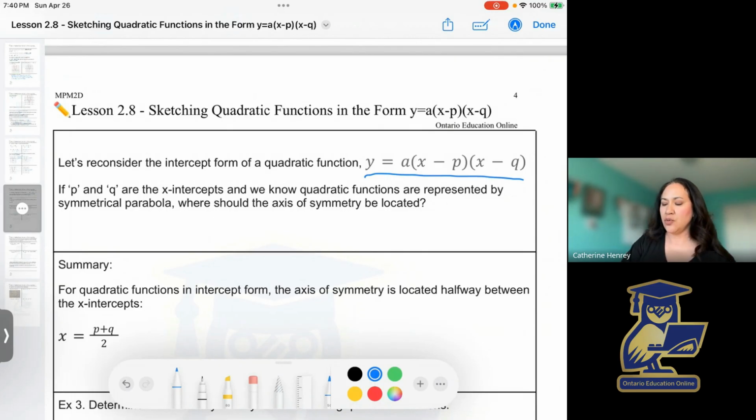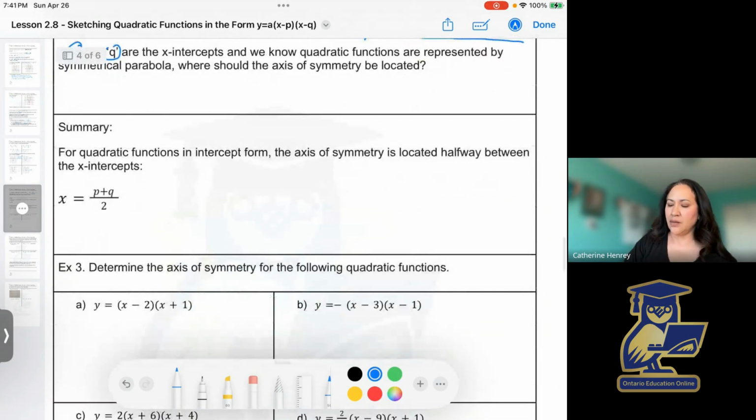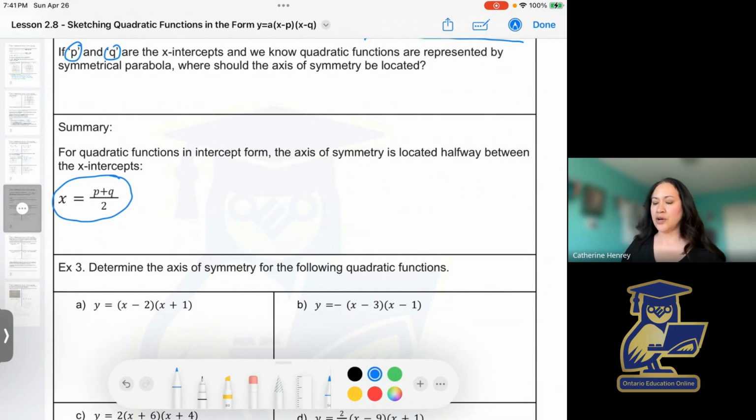So if p and q are the x-intercepts, and we know a quadratic is symmetrical, then the axis of symmetry should fall right through the middle between p and q. So what happens is then that we have to find the middle of p and q. So for quadratic functions in intercept form, the axis of symmetry is located halfway between the x-intercepts, p and q.